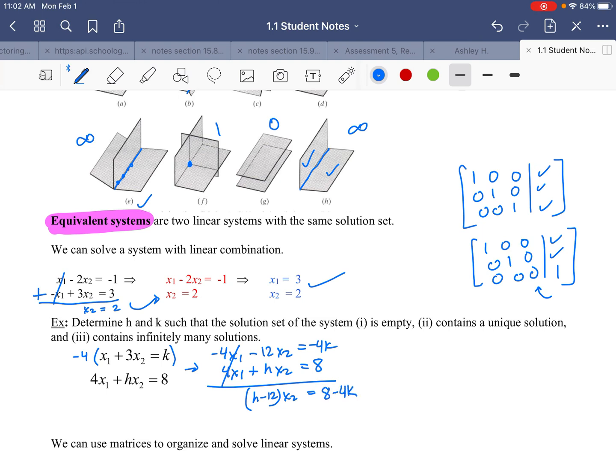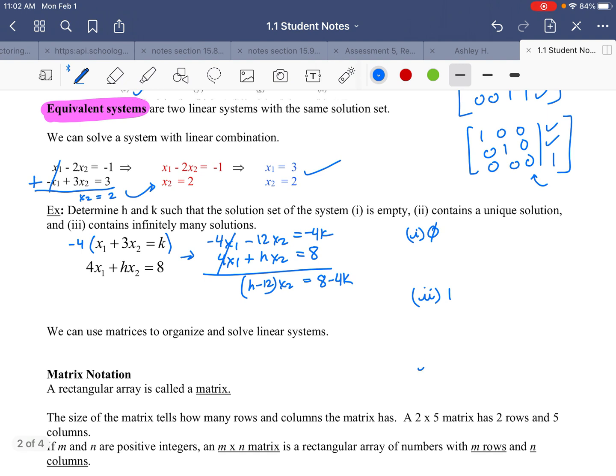Okay, so what we're going to have right here is our 3 different scenarios, right? The first scenario is that there is no solution. Our second scenario is that there is one solution. And our third scenario down here that they're asking me about is that there are infinite solutions. So remember, for infinite solutions, both of these things have to be 0, kind of like what we saw with the 3 by 3, right?